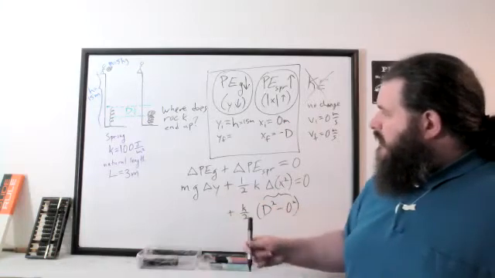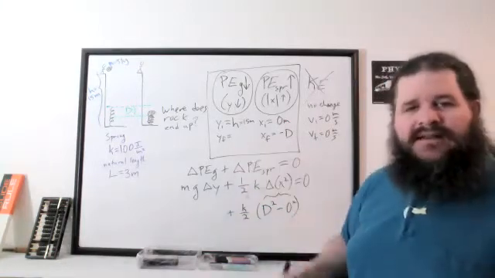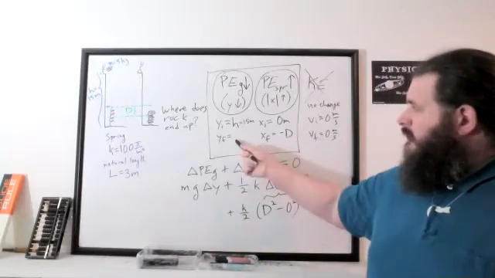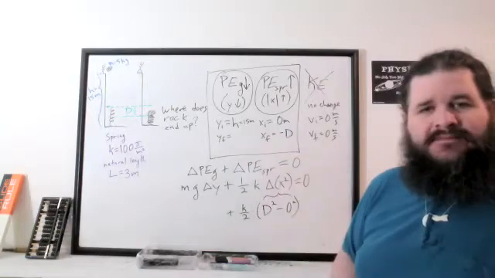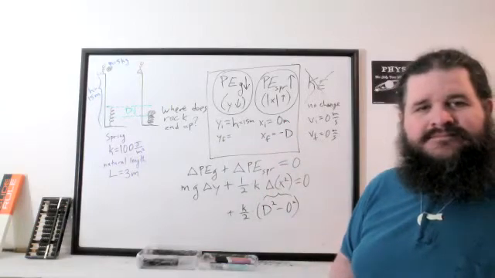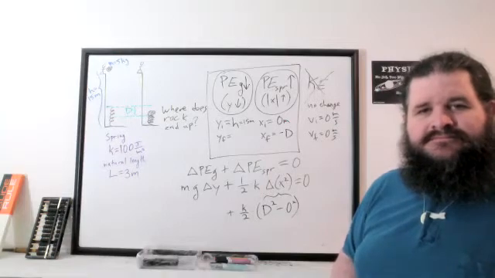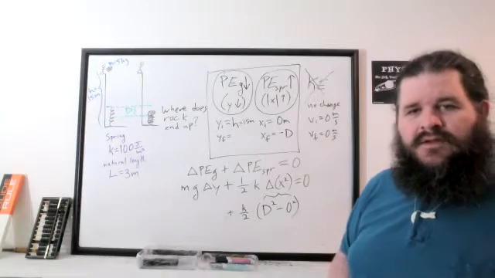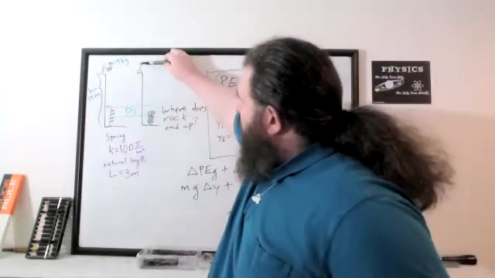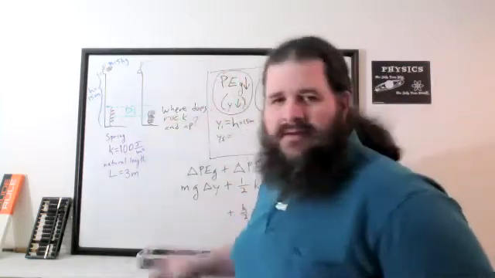As for y, we're going to need to write y final. Ideally, we want to write everything in terms of just one unknown. So can we write the final height in terms of d? 15 minus d, except the thing is d isn't distance from the top down to where it ends up.